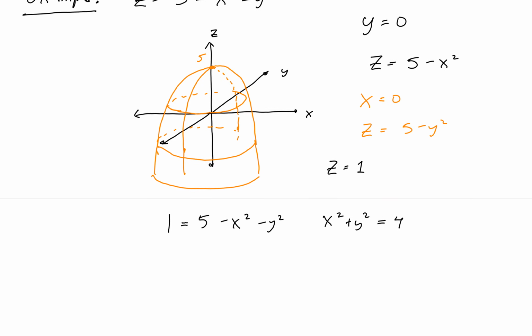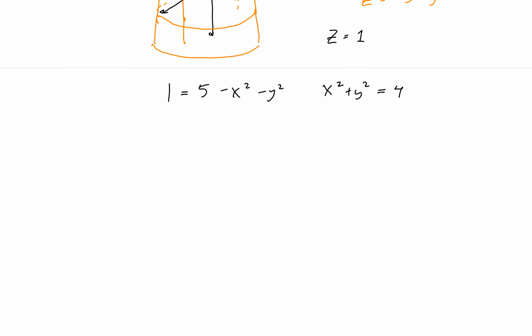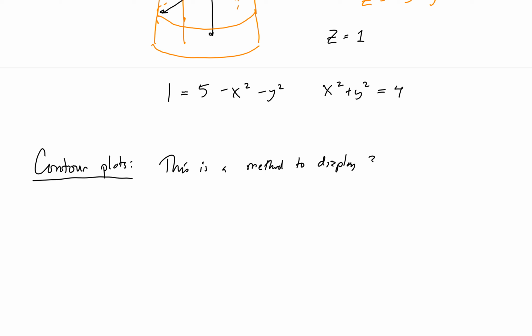So as I mentioned, we can use Mathematica to graph functions, but it's not always the most useful way to represent the data to actually go all the way to 3 space. So contour plots are a way to display 3-dimensional data in 2 dimensions.